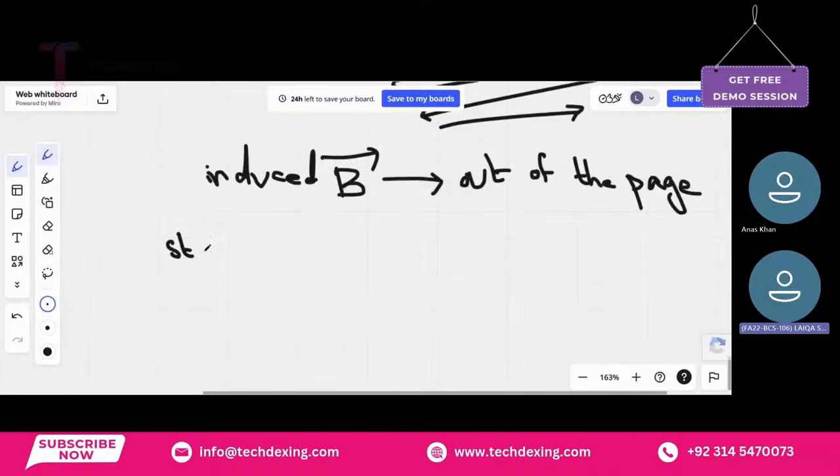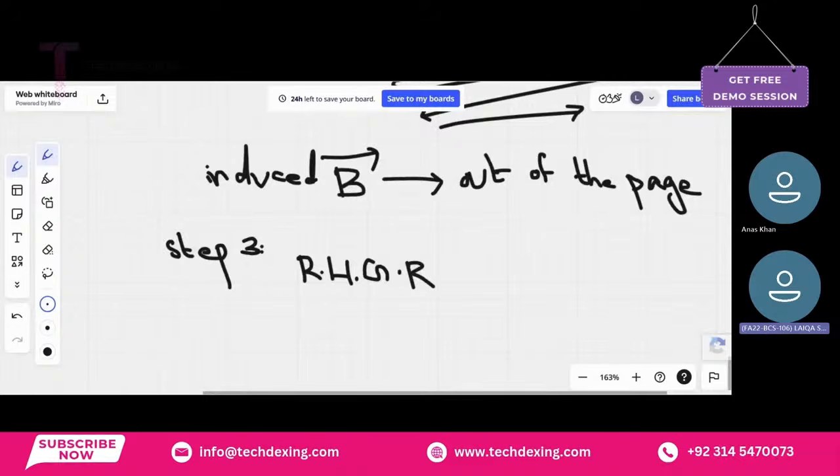In step 3, we will simply use the right hand grip rule to find the direction of the induced current. What is the direction of the thumb?